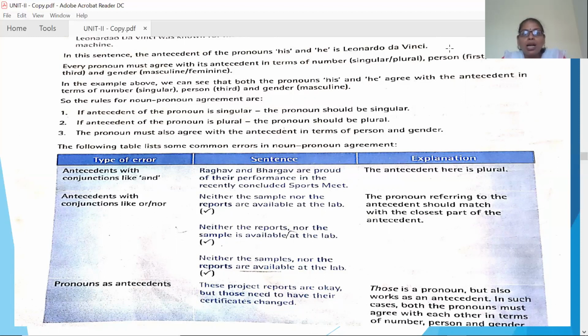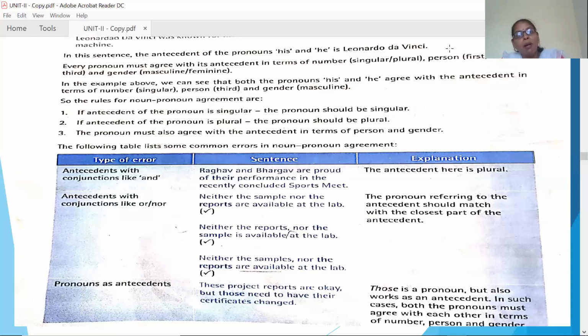Their. When antecedents are combined with the conjunction and, the antecedent here is plural.